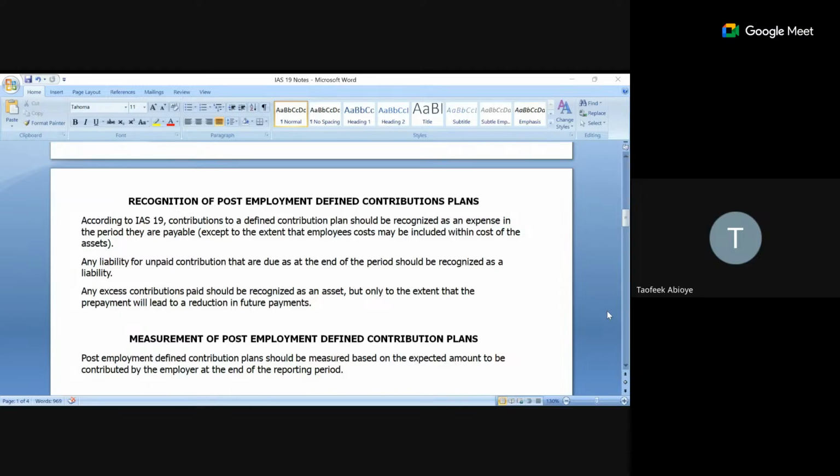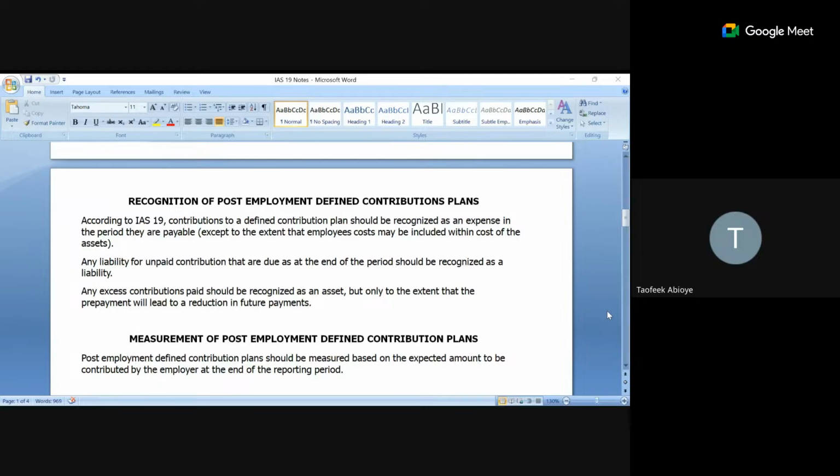Don't use it as our Nigerian pension. IAS 19 is not our own. It's different entirely. It is used overseas. But what the Pension Act is now saying is that the employer must contribute that 10%. Do you agree with me that the employer must contribute that 10%? That's why I put it in the benefit plan.